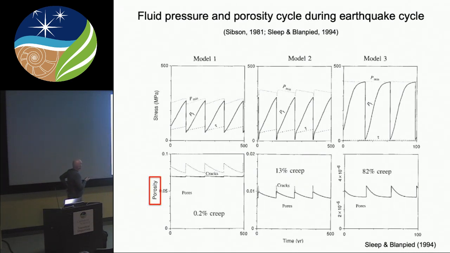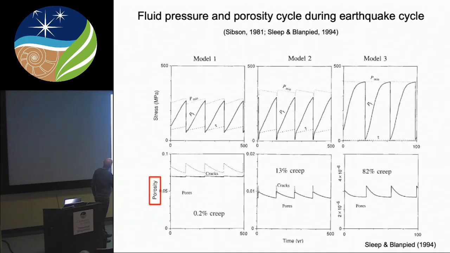Another motivation for looking at porosity is that models of the earthquake cycle involve having fluid pressure and porosity cycle associated with the deformation cycle. And so these are models that were developed, for example, by Sibson and Blanpied, where you need to increase the fluid pressure to a value that is close to the hydrostatic pressure so that you can reach, at very great depth, the yield strength of the rock.